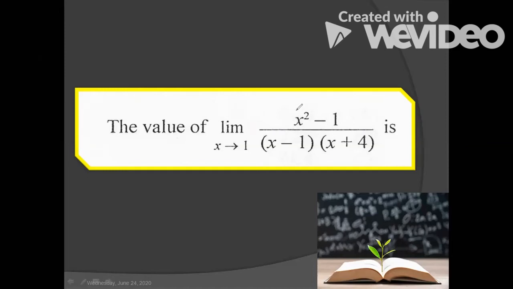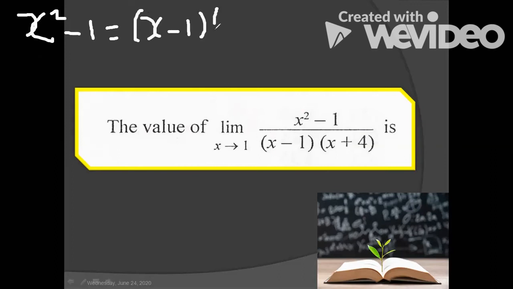So what we're going to do, if you look at the numerator, this is a difference of 2 squares. We have x squared subtract 1, and when we expand x squared minus 1, we get x minus 1 times x plus 1.